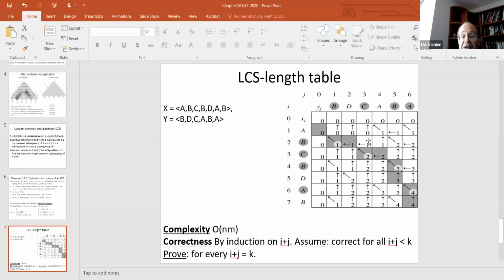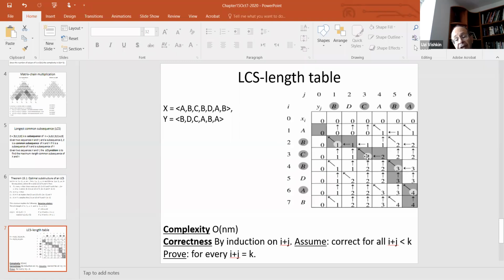Either this one, which means that if we have 3 elements on the Y and 3 elements on the X, this one means 2 elements on the X and 3 on the Y, or this entry right here, which means 2 elements on the Y and 3 on the X, or this entry, which means 2 on the X and 2 on the Y, and then comparing the last character C to C, and since it's the same, we can take this value and add 1 to it.